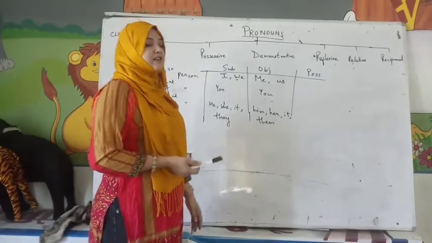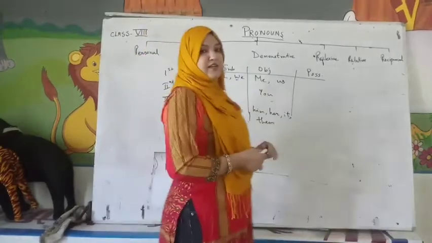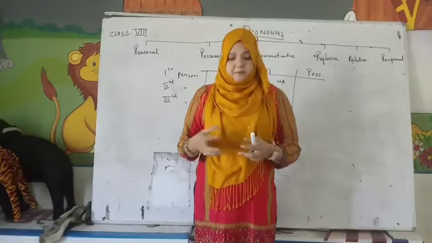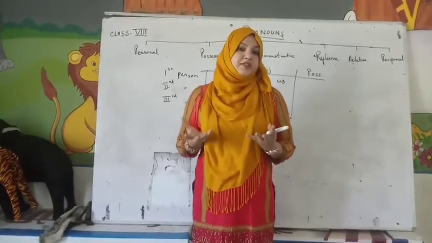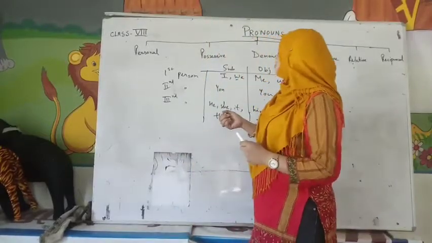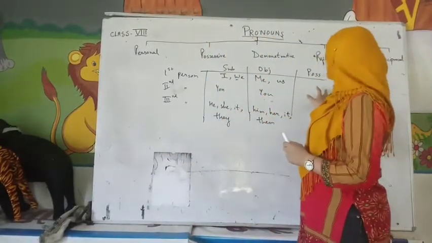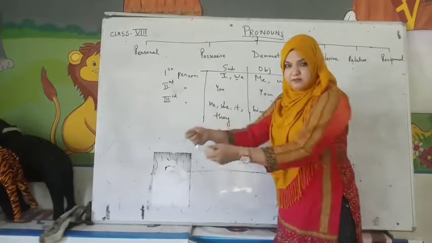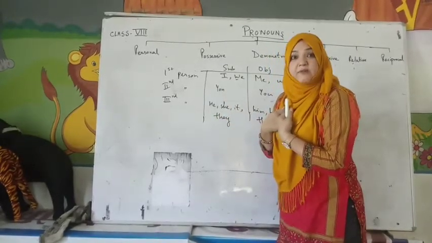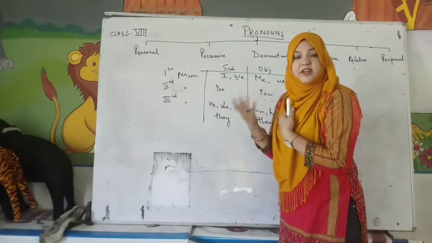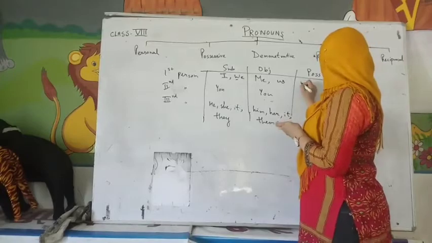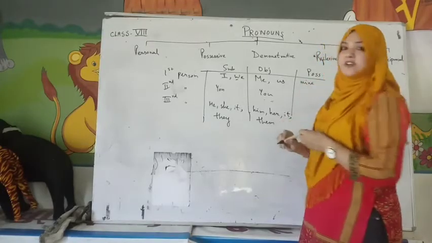Now, possessive, alright? Possessive means, I told you, it shows possession, it shows ownership. मेरा है, किसका है ये चीज. So that is called possession. So what are possessive pronouns? मेरा है, right? In English, मेरा means mine.